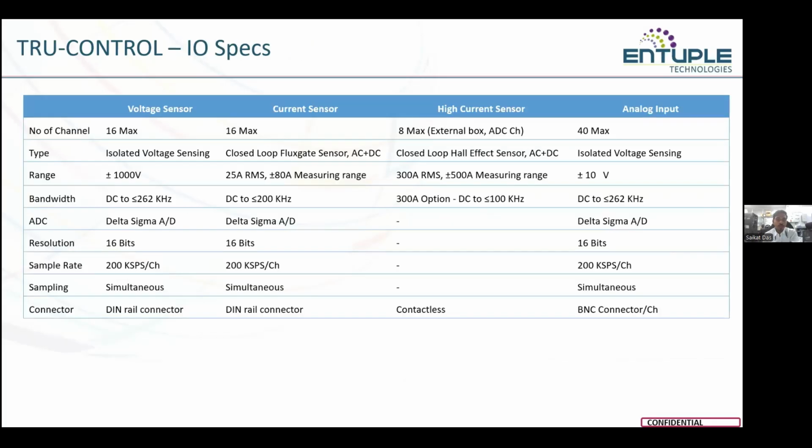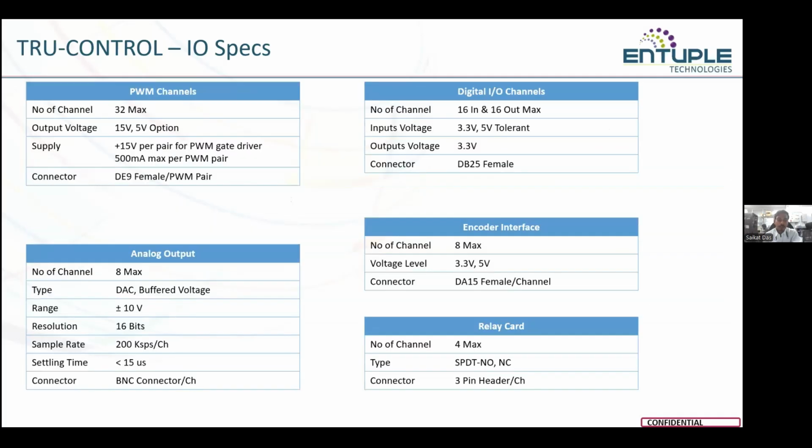Now those are the IO specifications of our controller. Those IOs are generally voltage and current sensors. Then we also provide plus minus 10 volt analog input channels. All sensors are sampled at a 200 kbps per channel sample rate.